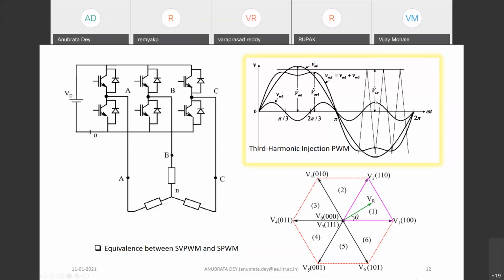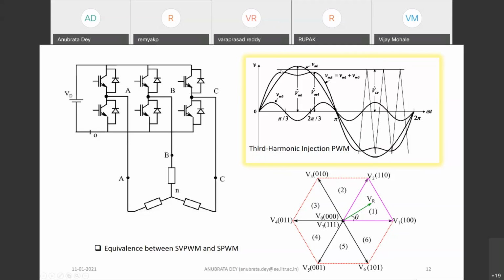Generally they are at least 21 times more than the fundamental frequency. Then you need not worry about synchronization and all. If you assume that kind of frequency ratio, with the carrier at least 21 times faster than the fundamental reference, the rest of the analysis will be much easier.